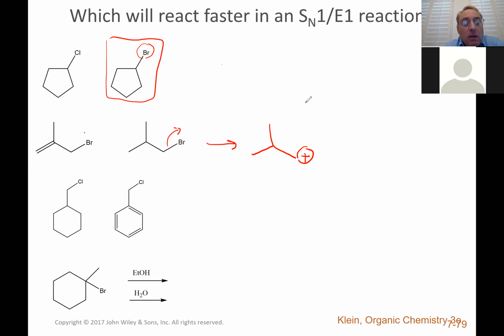Oh yeah, last one. So what about this one down here? You look, the only thing that's changed is the solvent that the reaction is run in. So this is a solvent effect. The first one was a leaving group effect. The next two were effect of the stability of the carbocation. And this is a solvent effect.